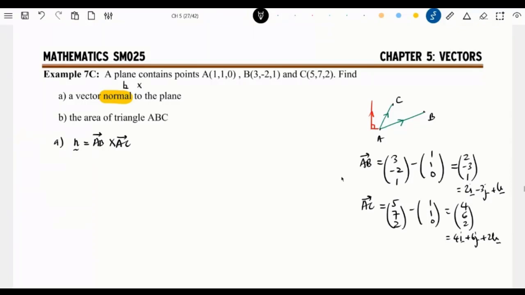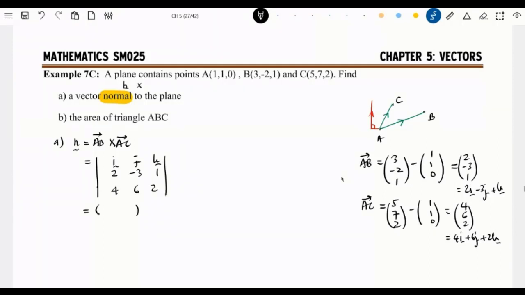Okay, so we have to put it in terms of determinant. So we have 2 negative 3 1, 4 6 2.